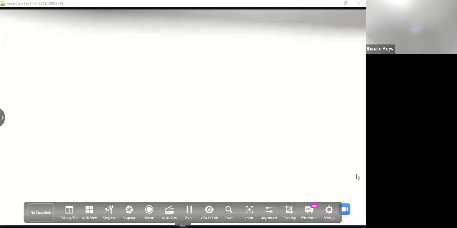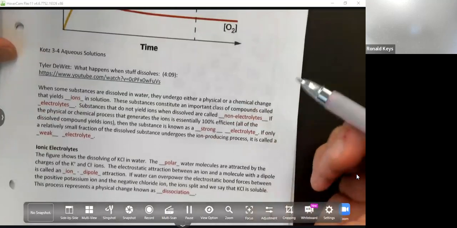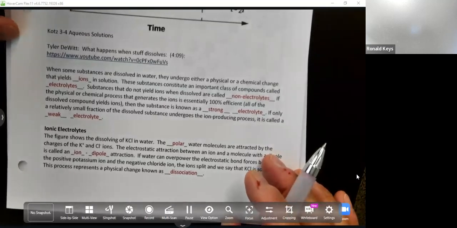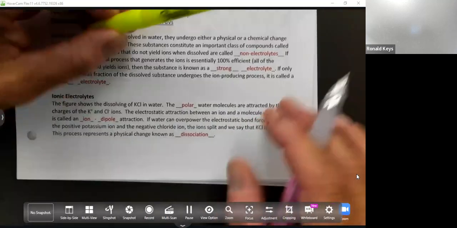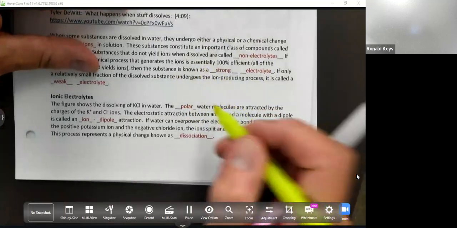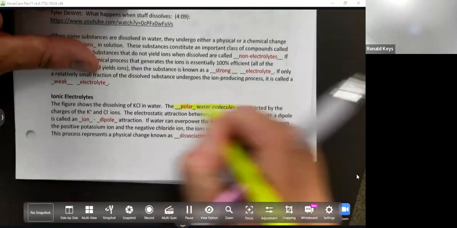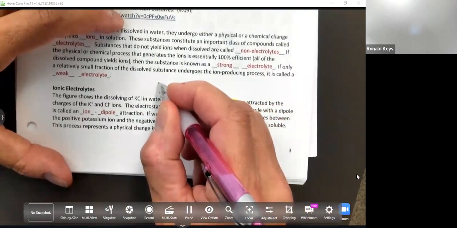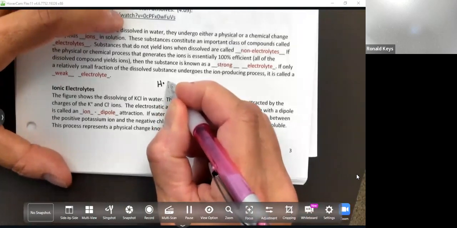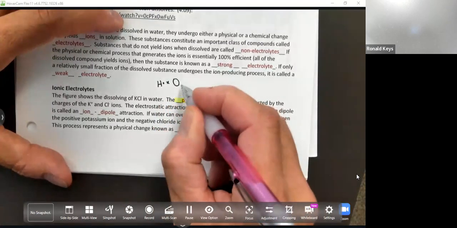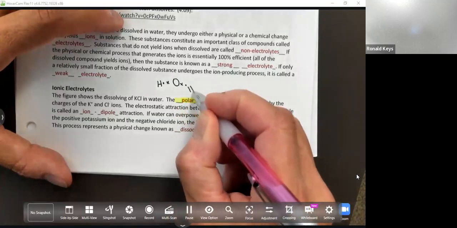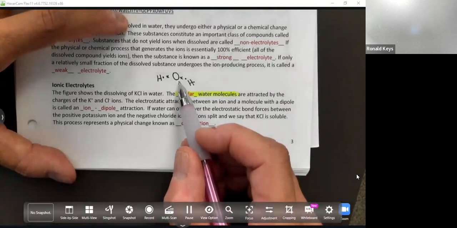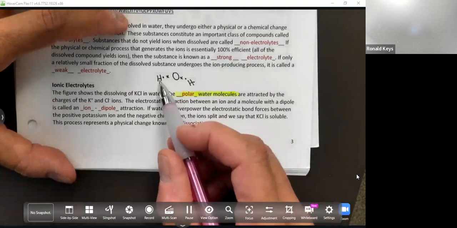Then we talked about at the end, in order to get ready for lab, we talked about electrolytes and non-electrolytes. Again, all of this work and the lab talk should have been the fact that water is polar. How is it that water is polar? There is not an even sharing of electrons in this bond. Water, oxygen is more electronegative than hydrogen.